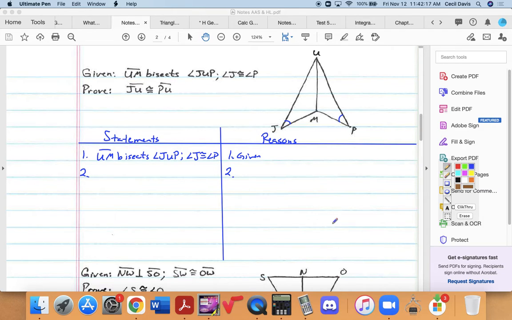Micah? You can say angle JUM is congruent to angle NUP. Do you know the reason for that? Yes, that's the definition of angle bisector.